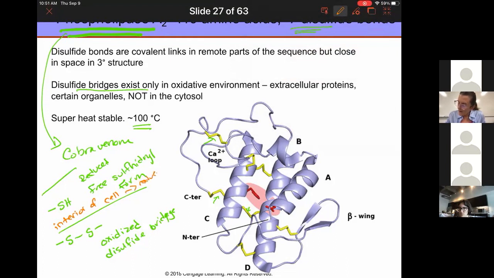So if you have an intracellular protein, it will only have this form of cysteine. Oxidizing environments are extracellular, and I think in the lysosomes and the Golgi. So there are specific organelles where you can have disulfide bonds, and extracellular.